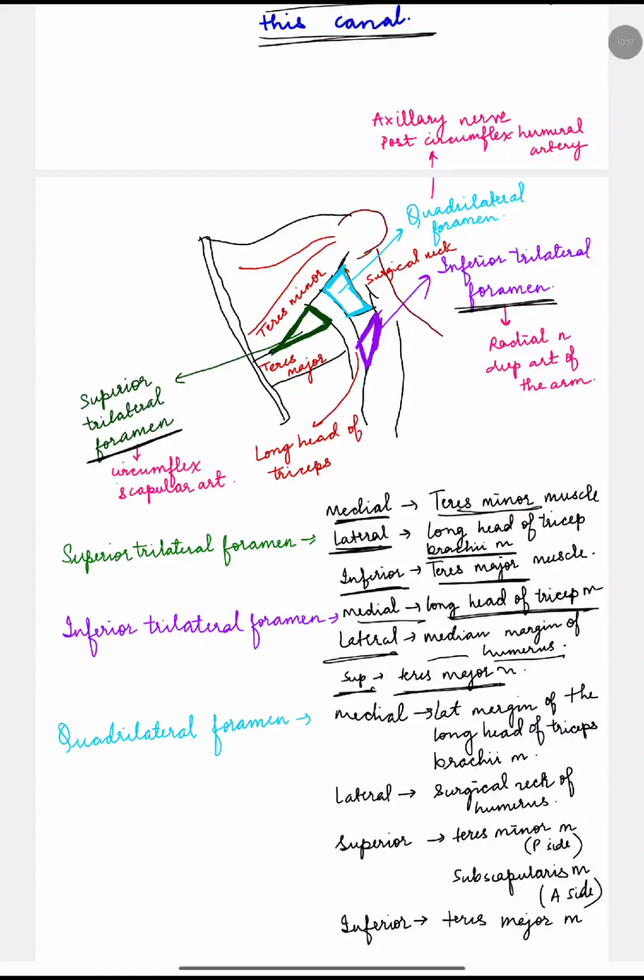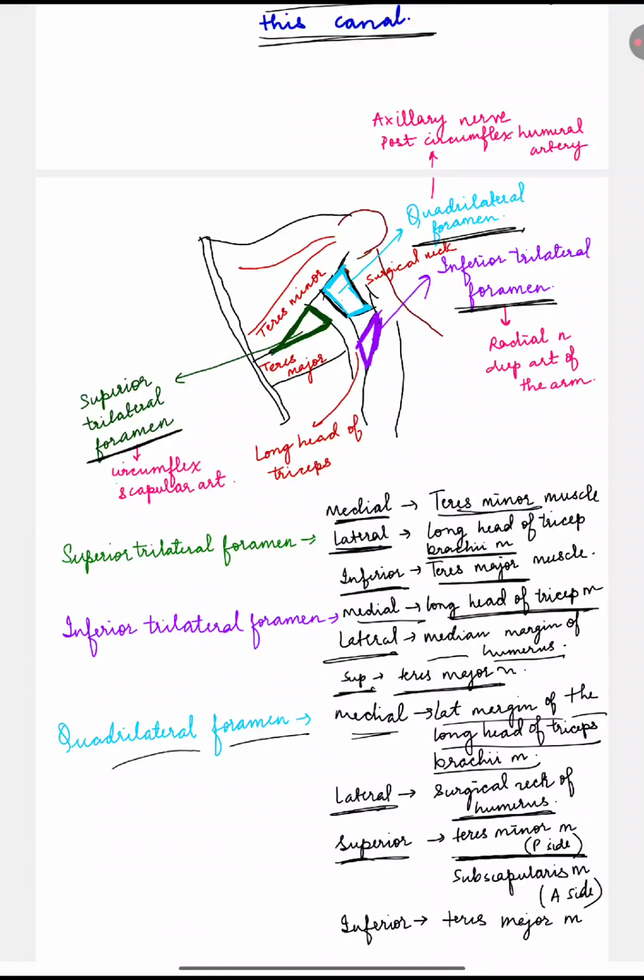Okay. Now, quadrilateral foramen. This is four-sided. Medially, there is the lateral margin of the long head of triceps brachii muscle. Laterally, surgical neck of the humerus.